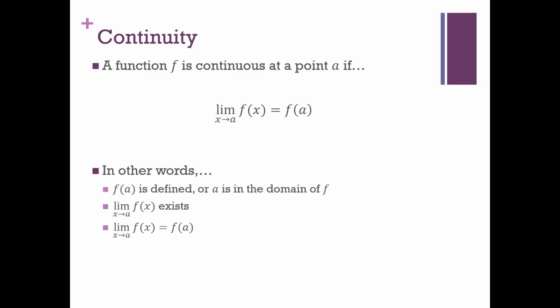So we've seen lots of examples where the limit exists and the function is defined there, but they don't agree. That's a discontinuity. We've also had examples where the function is not defined at the base point. That's a discontinuity. And it's kind of the most basic, like the first failure you can have is if the limit doesn't exist, then you definitely have a discontinuity.